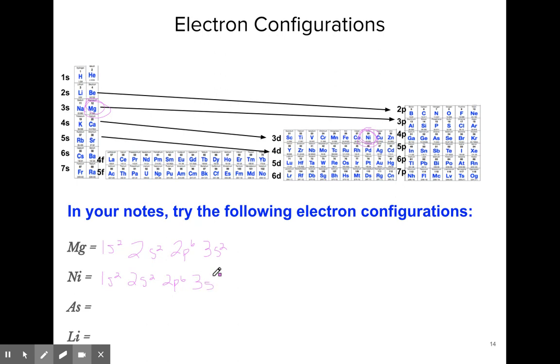And we've got to keep going because we're not quite to nickel yet. After element 12, we follow our arrow over here to element 13. So we go 3p, 1, 2, 3, 4, 5, 6. That gets us to argon. So we come over here to elements 19 and 20, so we'd go 4s2.